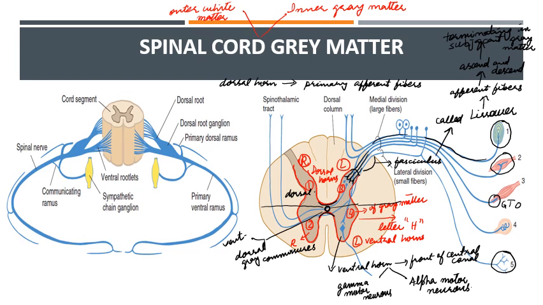Alpha motor neurons innervate muscles, while gamma motor neurons innervate muscle spindles.